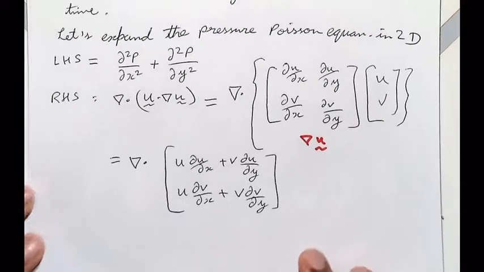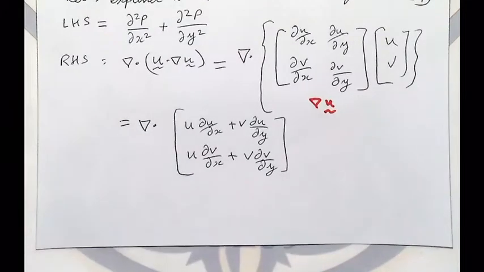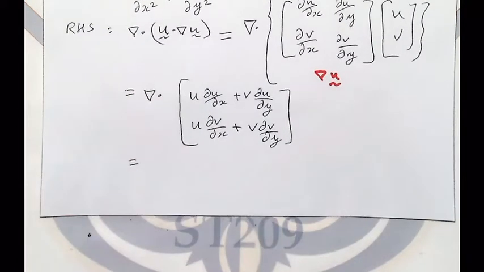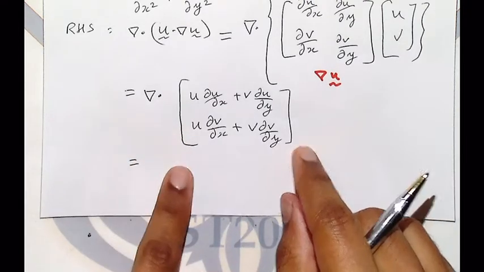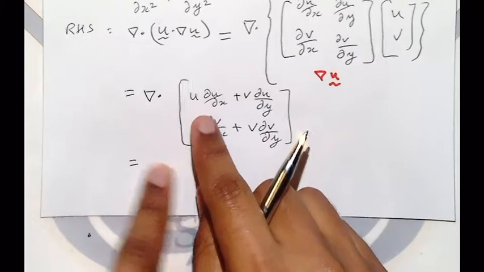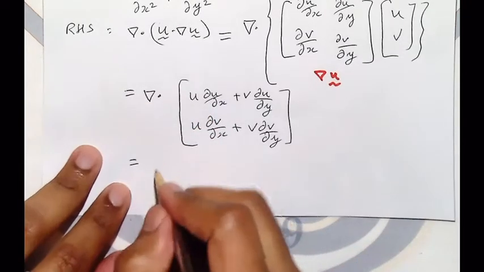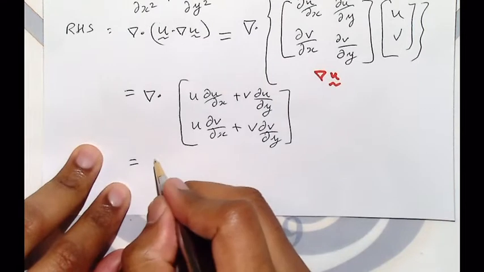Okay, final step. What is the final step? Again, another part. Very good. Yeah, we would take the dot product with this nabla, right?